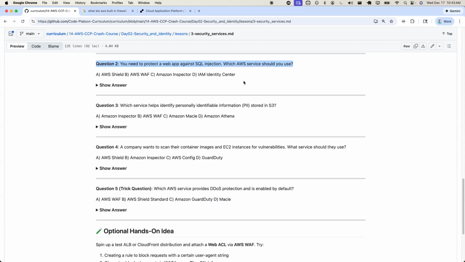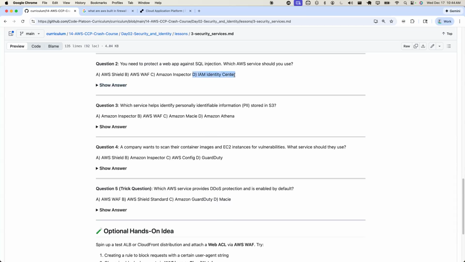If you want to protect a web app against SQL injection, what AWS service are we going to use? Shield, WAF, Inspector, or Identity Center? Well, I can rule out Identity Center with the process of elimination.